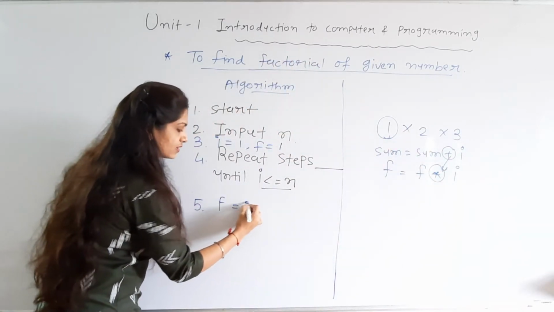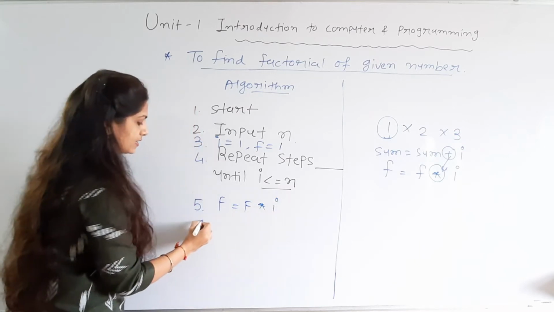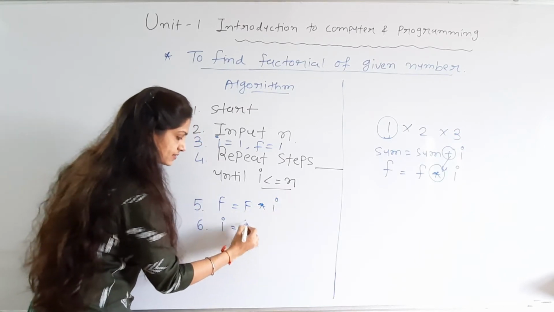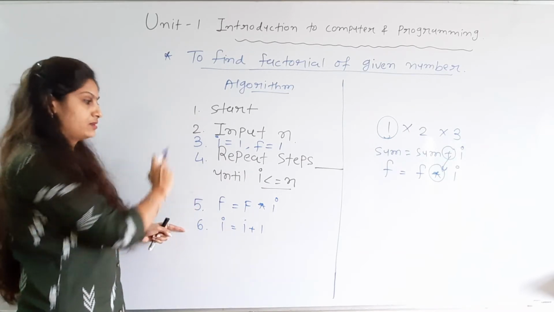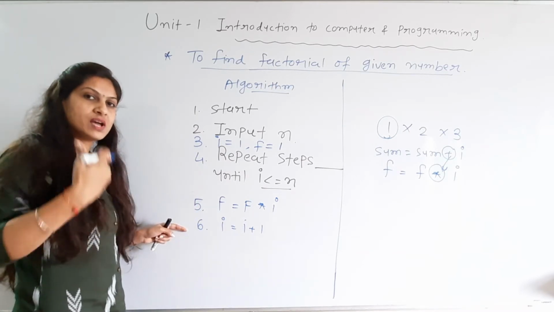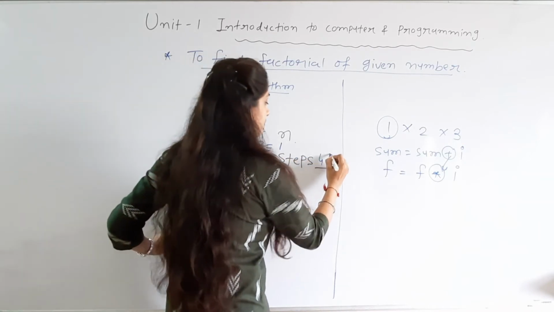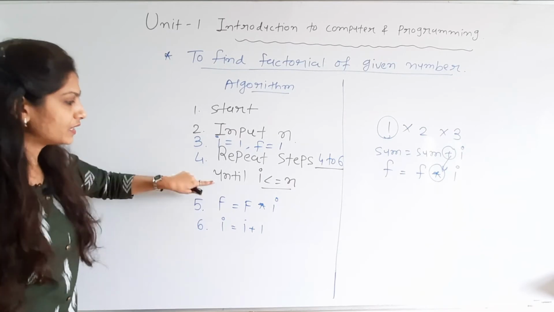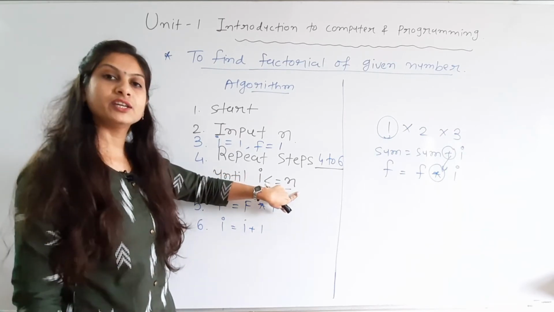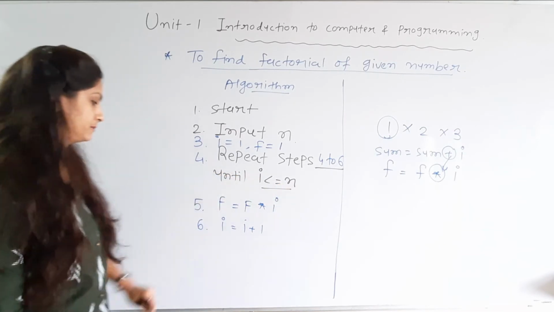So f equals f into I, and I value is also changed, that is I plus 1. Clear? So 4, 5, 6. That process we have to repeat. So here the step is repeat steps 4 to 6 until I reaches the number n.